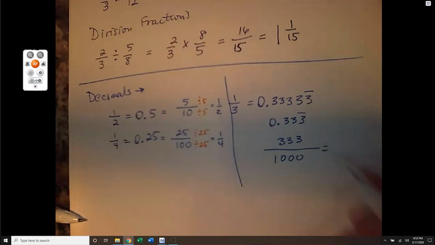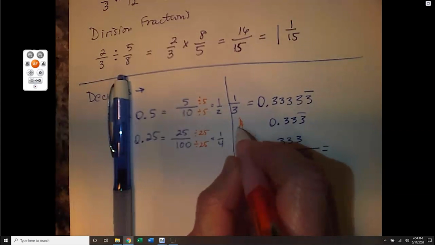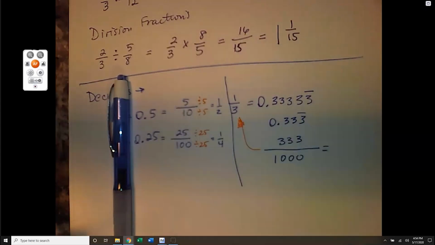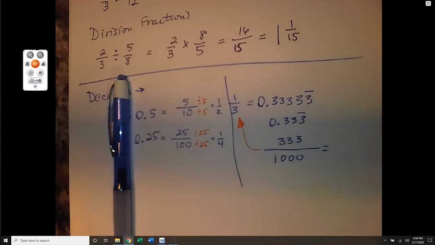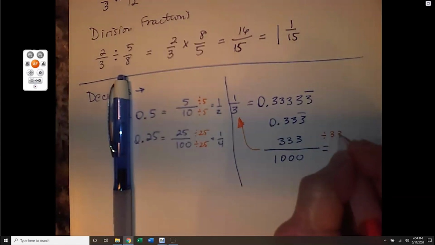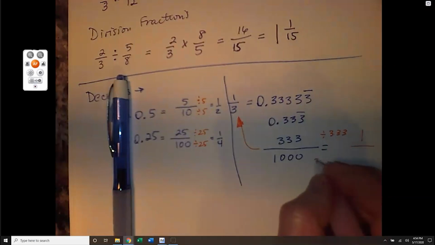And now I'm going to simplify. So I'm going to divide the top and the bottom by something to get back to 1/3. So if I divide the top and the bottom by 333, this will come out as 1, but this will not come out as 3.